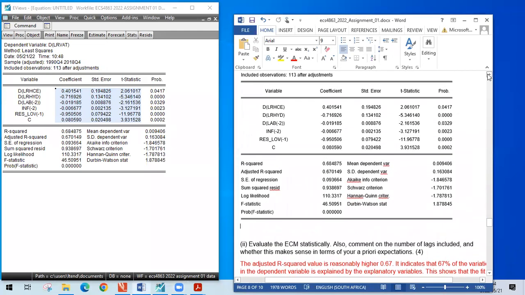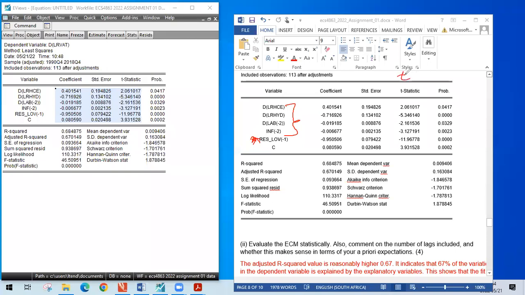This is what we are having. Let me leave out the res LOV for now. You check if these variables are individually statistically significant. If they are not, we drop them. We want something that is individually statistically significant. And what is the rule of thumb?